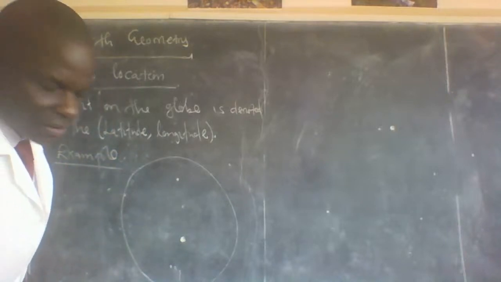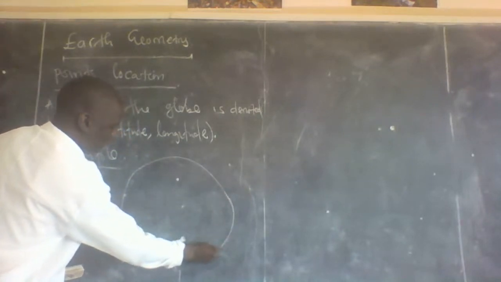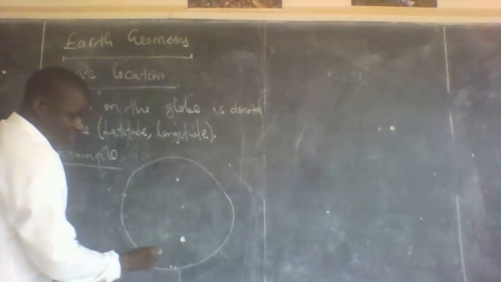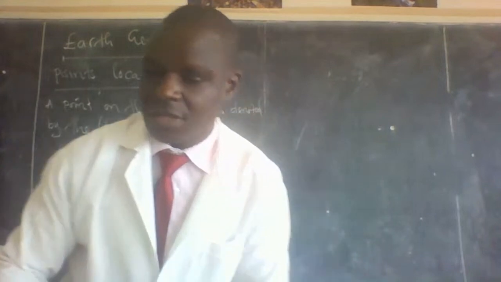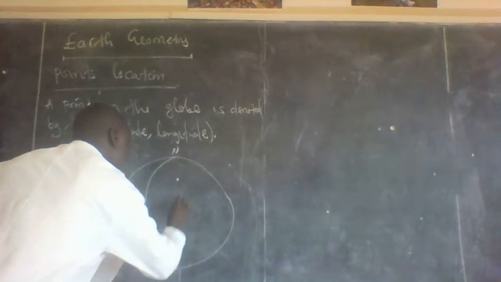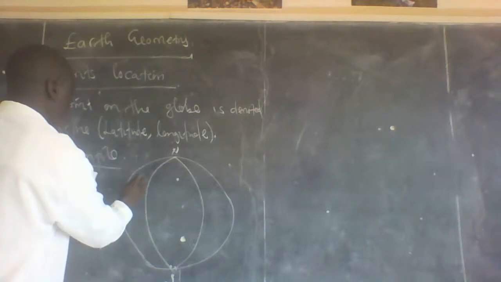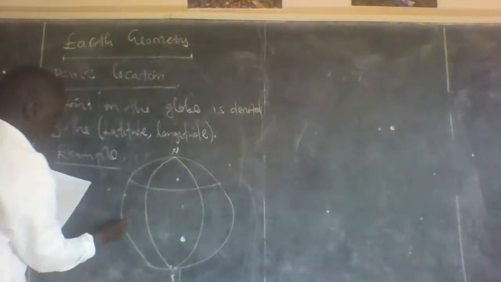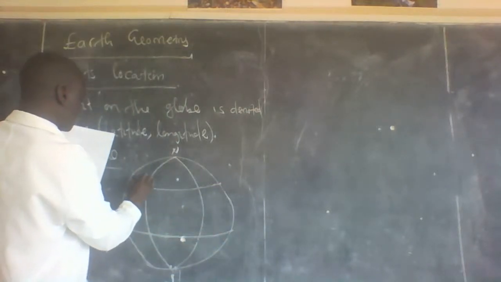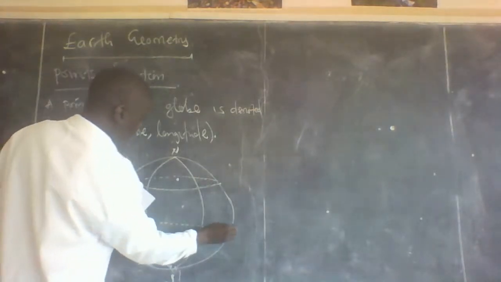If you have a globe drawn like that, this is the north here, and we only have two longitudes; south here, and we also have only two latitudes.